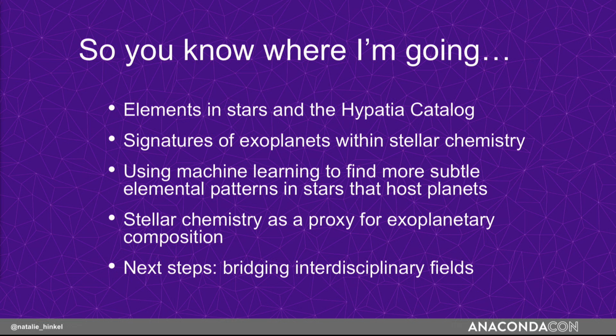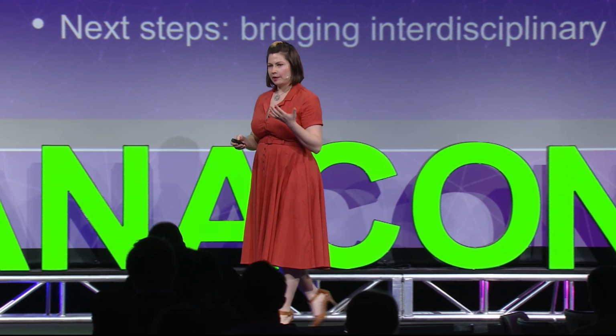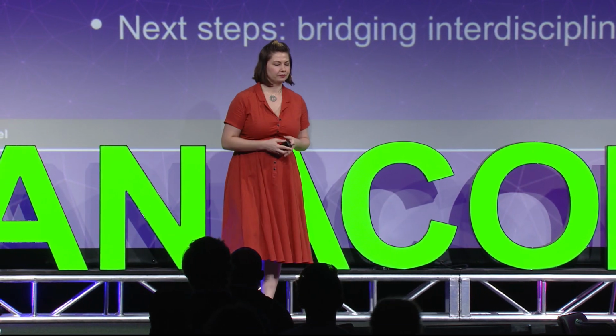Then I'll go on to talk about some machine learning and what I've done to look at stars that have exoplanets. These are planets that we've discovered outside of our solar system. Then I'll wrap that up by talking about how we can go from the stellar composition to the planets using different kinds of models. And then I'll wrap it up by talking about interdisciplinary fields.